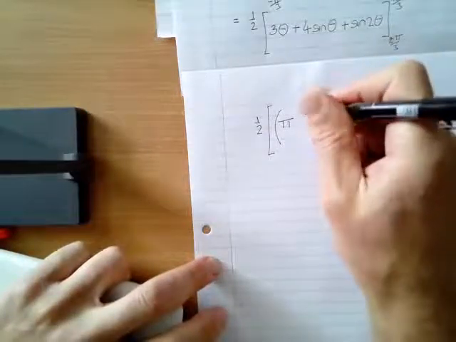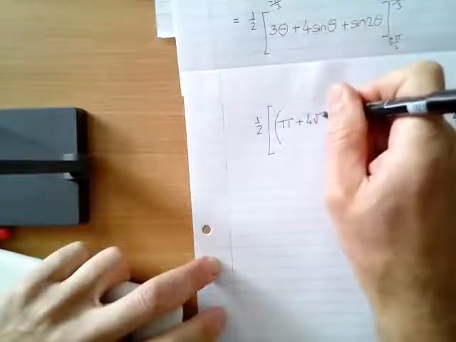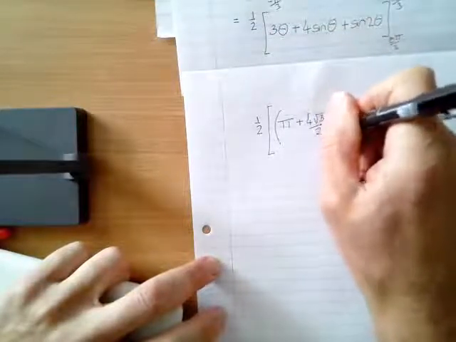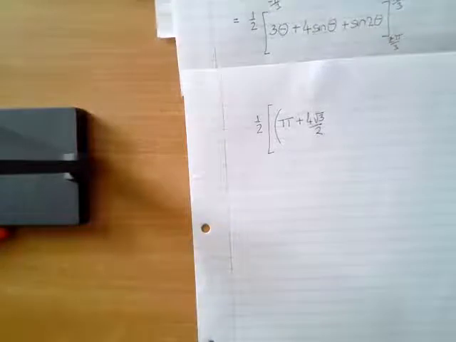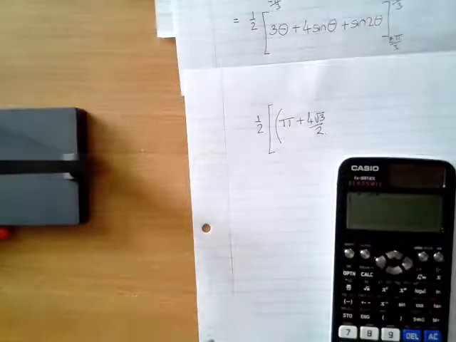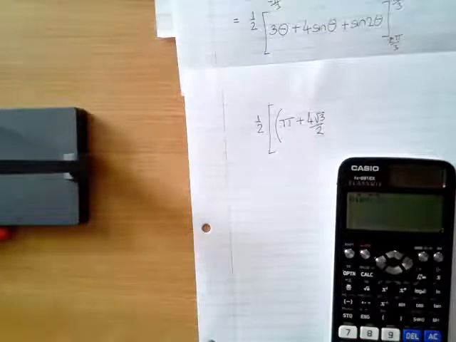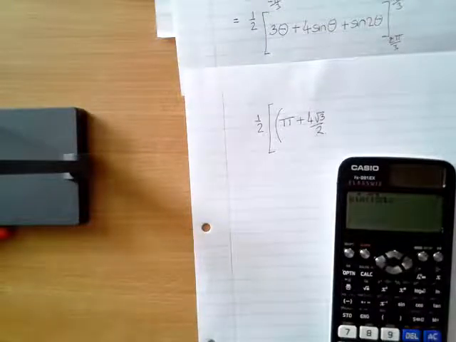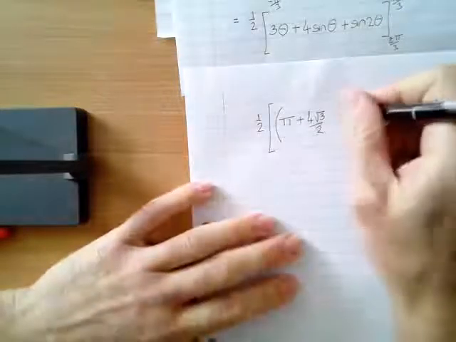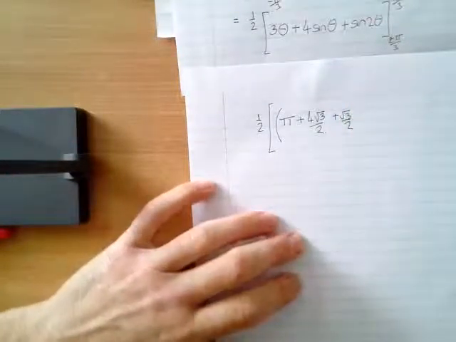So, I'm going to write this as plus 4 root 3 over 2, like that. Okay, and then sine of 2 pi over 3 is sine of 120 degrees, which I believe is also root 3 over 2. Okay, but because I've had a wobble, I'm just going to double check that. There we go, root 3 over 2. So I've got another root 3 over 2 there, like that.